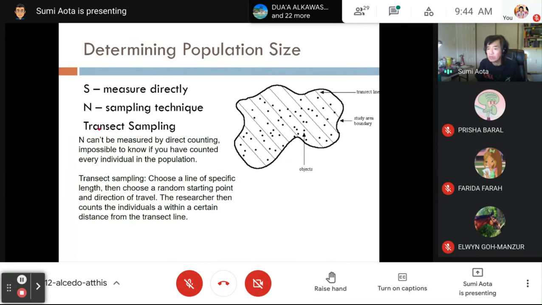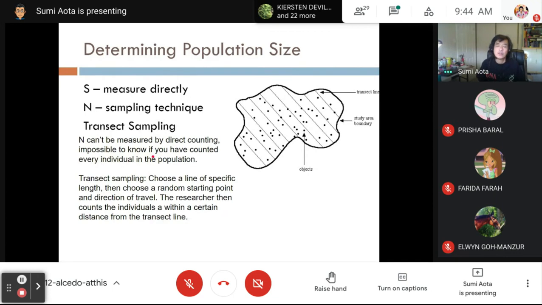One way is to use something called transect sampling. When you can't measure S directly, then you have to use N. And the biggest problem in trying to figure it out by measuring directly is it's impossible to know if you've counted every individual in the population.